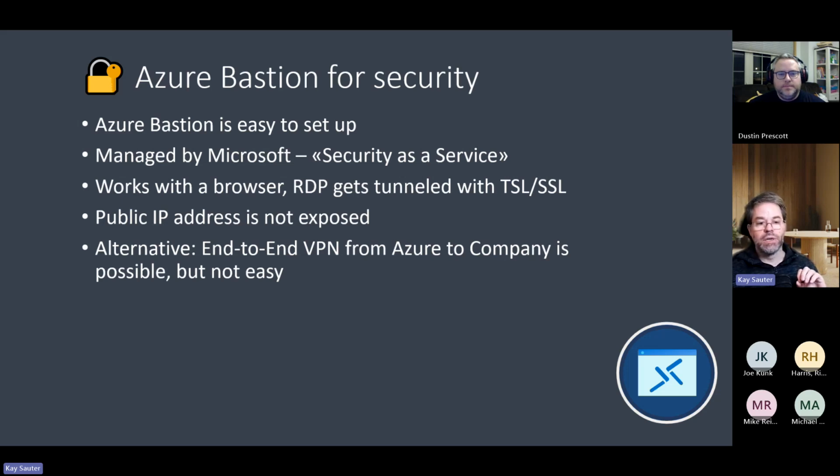What it does is put TLS/SSL, like I mentioned before, over the RDP connection. So this is protected by TLS/SSL, and you access the VM via the browser. You are basically using the browser as the mechanism to get TLS/SSL.